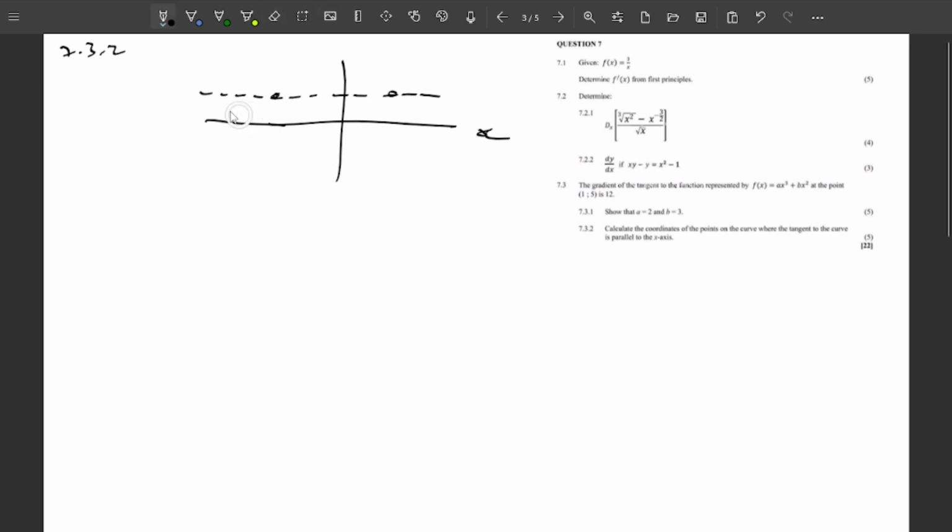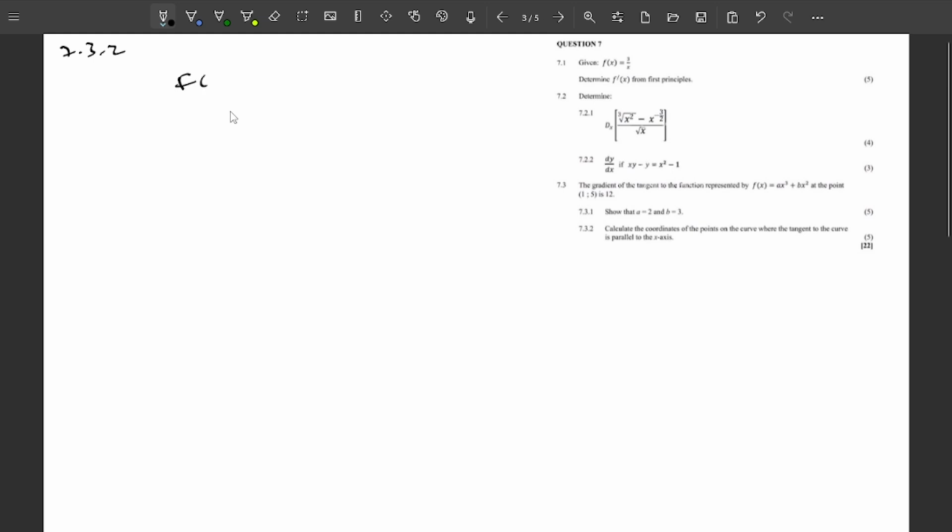Let's continue now. Let me erase this. Good. Now let's do it. For us to find those points, we first have to derive.